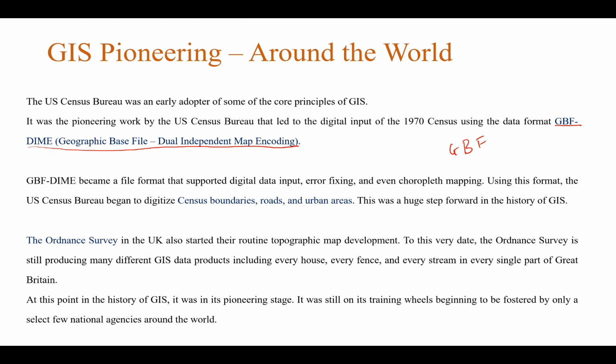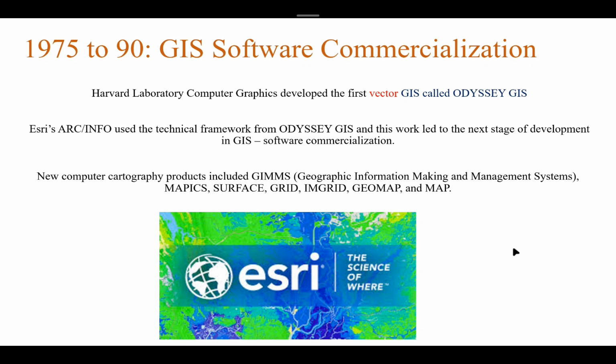So as these countries started using GIS, initially it was used mostly by the government, and then it moved ahead as well. In 1975 to 1990, there was GIS software commercialization. This commercialization was done basically after the Harvard Laboratory for Computer Graphics developed the first vector GIS called Odyssey GIS.